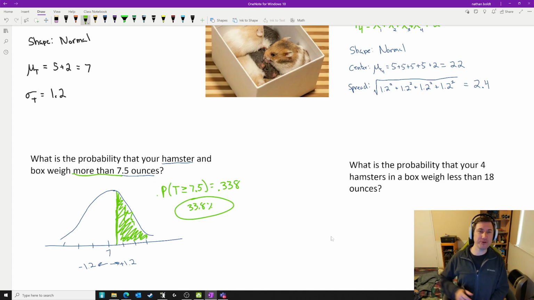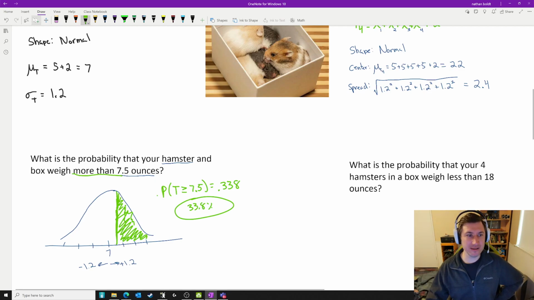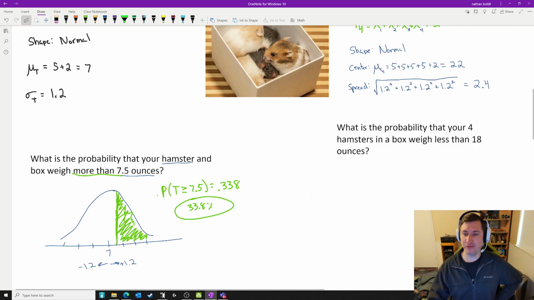There's a 33.8% chance that our hamster and box will weigh more than 7.5 ounces. Now what about for our 4 hamsters in a box? What is the probability that your 4 hamsters in a box weigh less than 18 ounces? So again, we got ourselves a normal model.